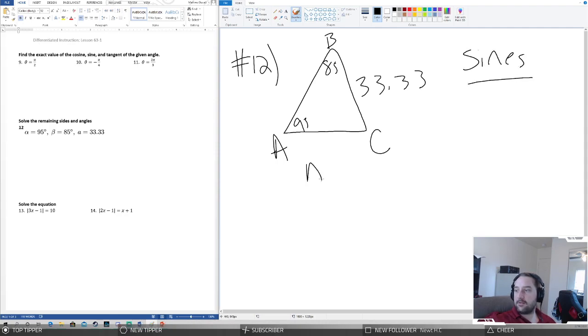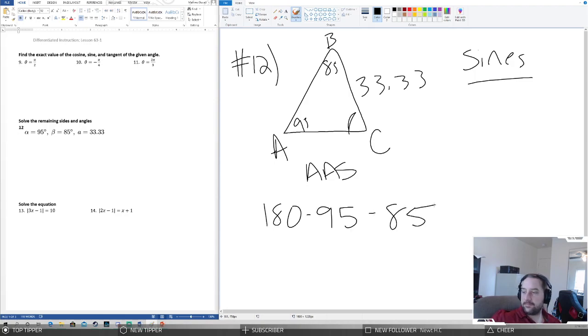I can find this third angle here by doing 180 degrees minus 95 minus 85. Now when we do that though, you should be thinking, that doesn't make any sense, because when I subtracted those, it gives me 0.